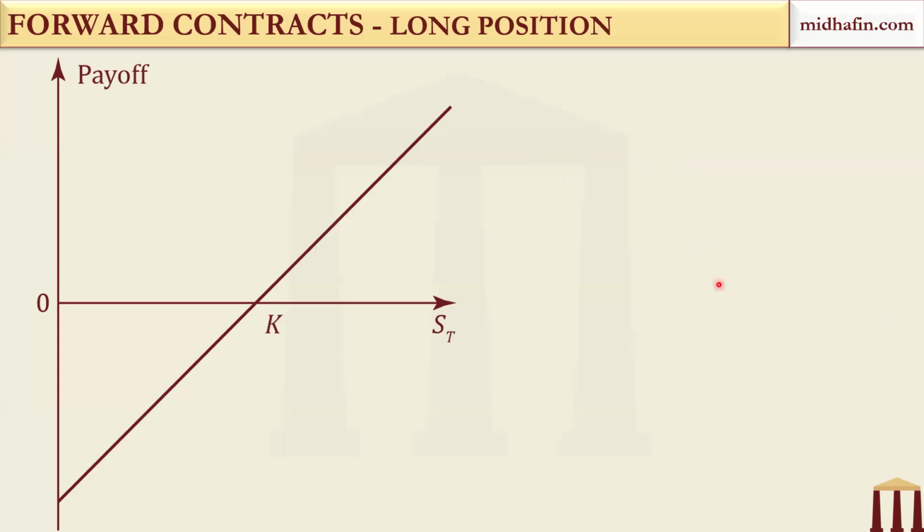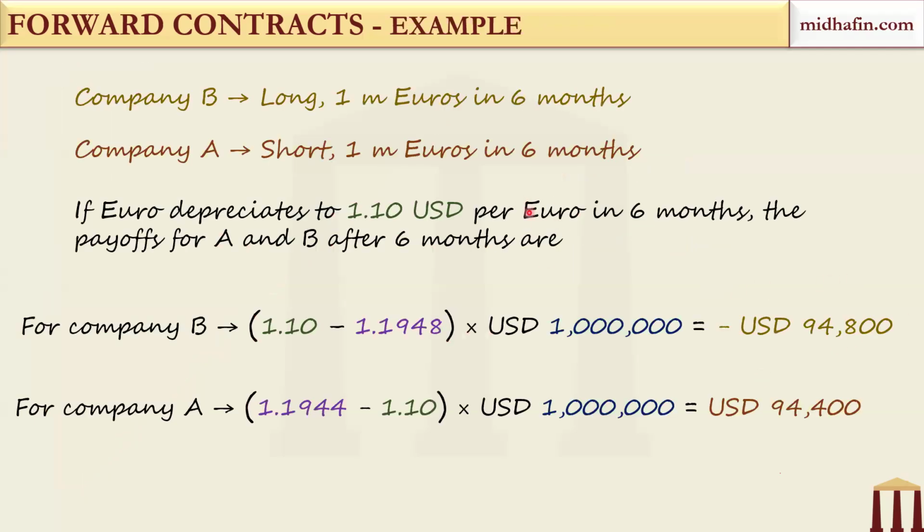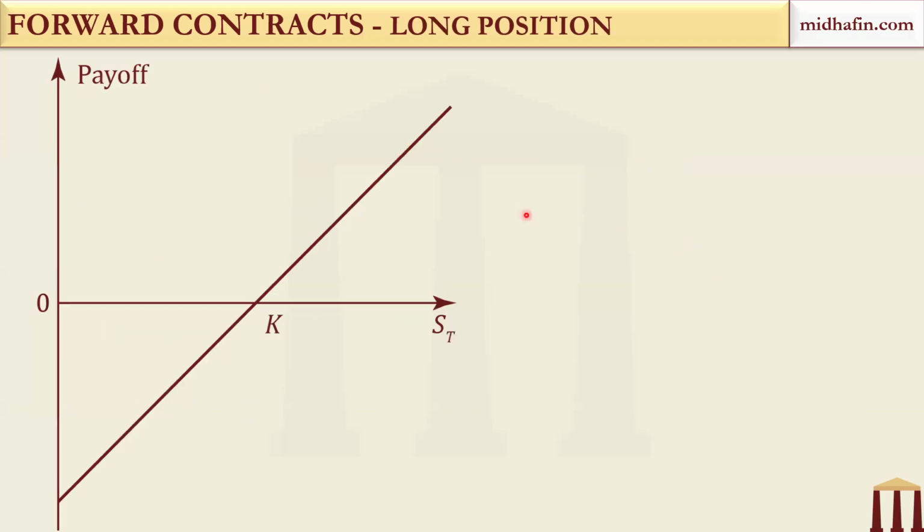Just like in the previous case, the underlying asset was the currency pair USD Euro. In this case, ST can be anything. It can be a commodity, or whatever the contract is based on.